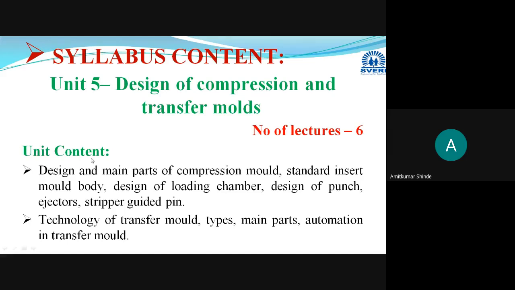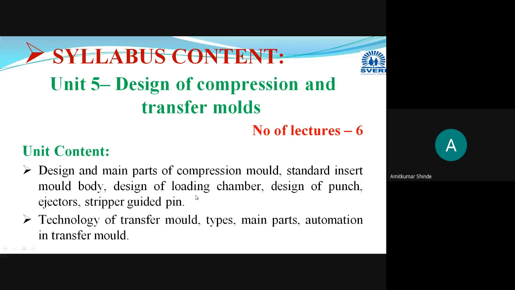In part A, the first content will be design and main parts of the compression mold, then standard insert mold body, then design of loading chamber, design of punch, ejectors, stripper pins, guided pins. All this part we are going to discuss.